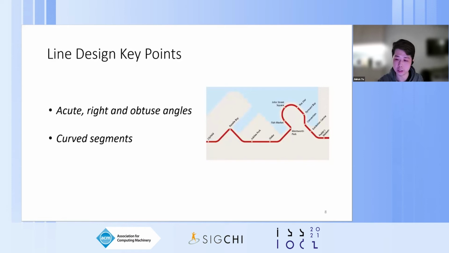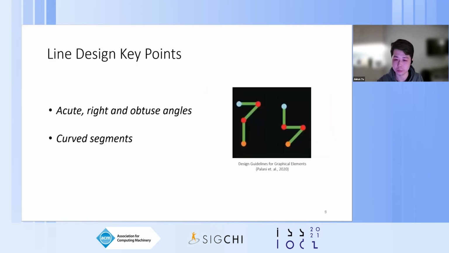There are some unique challenges and important factors involved in tactile line tracing, including different angles and curved segments. But we found that studies often underexplored those different features. For instance, curved segments, a feature seen in many line-based maps and plots, were notably missing in recent studies.